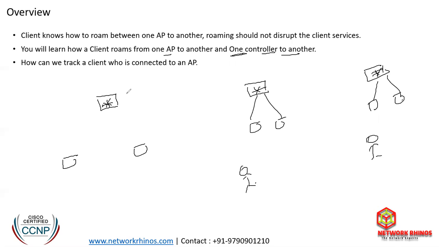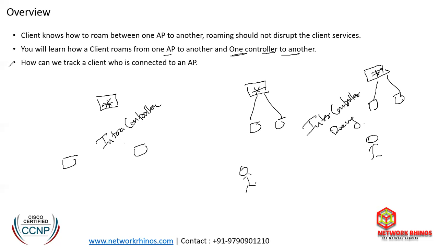So you can term this as intra controller roaming. This can be termed as inter controller roaming. That is intra controller roaming. This one is termed as inter controller roaming.